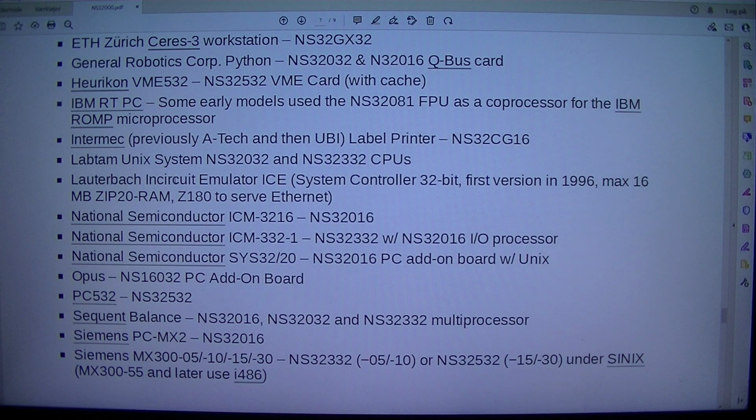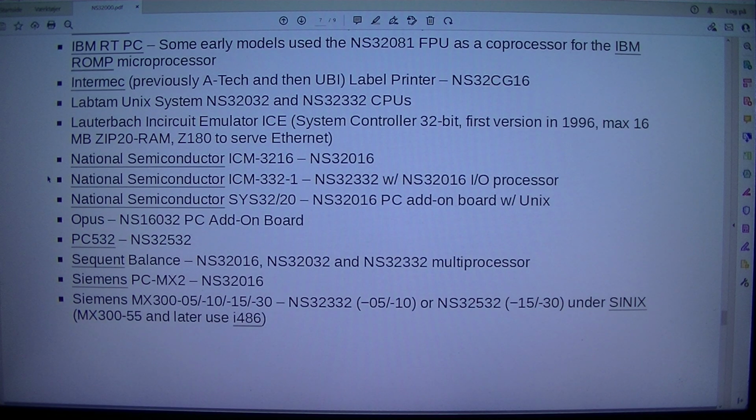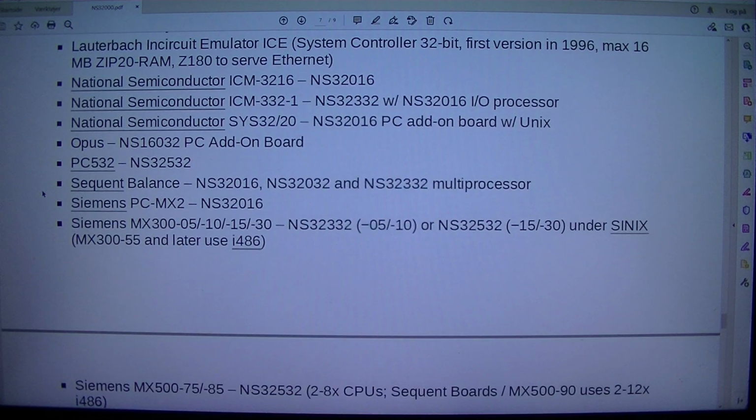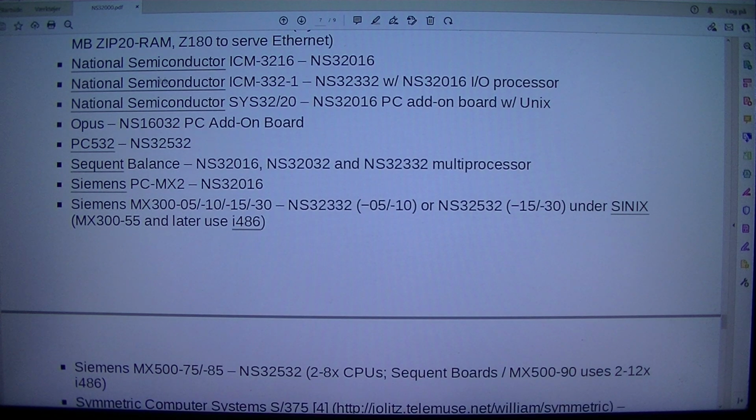Laptop Unix System NS32032 and NS32332 CPUs. Lauterbach in-circuit emulator ICE, System Controller 32-bit, first version in 1996, max 16 MB zip RAM, Z180 to serve Ethernet. National Semiconductor ICM 3216 NS32016.